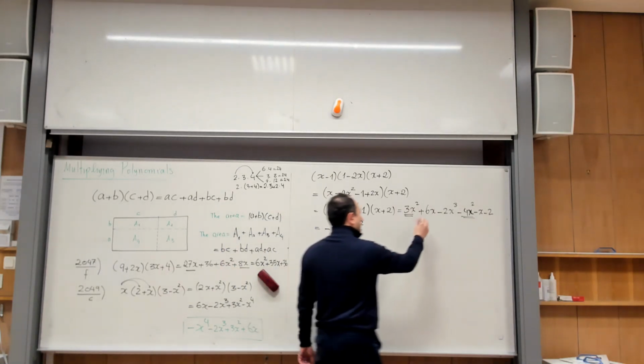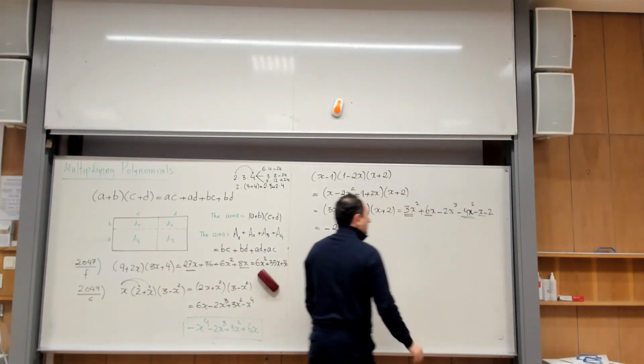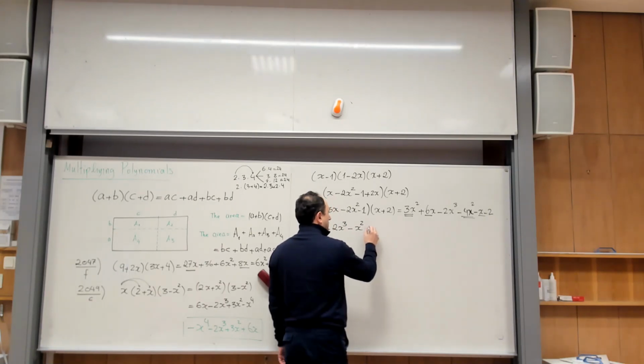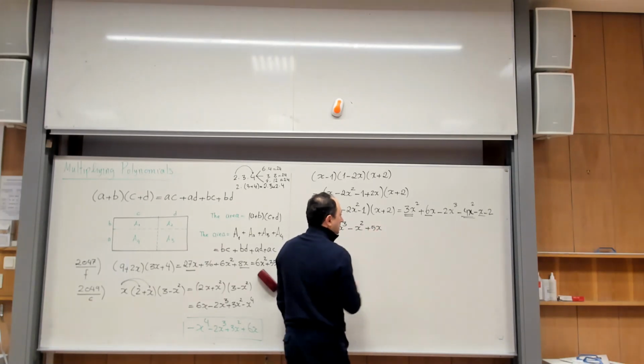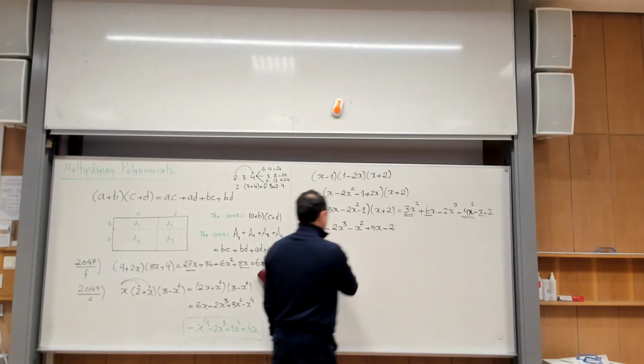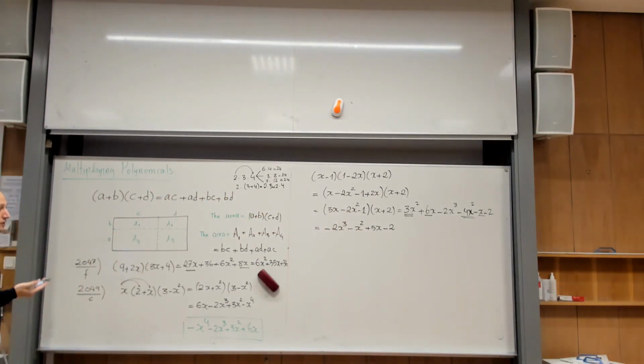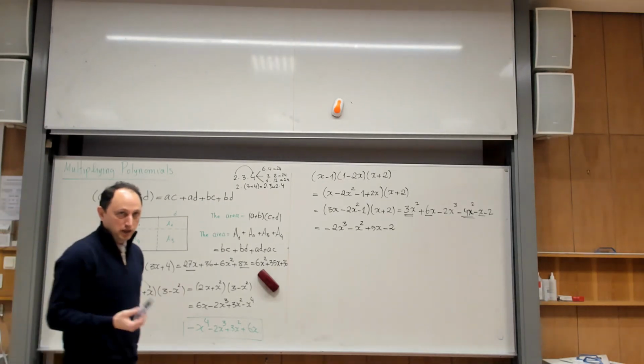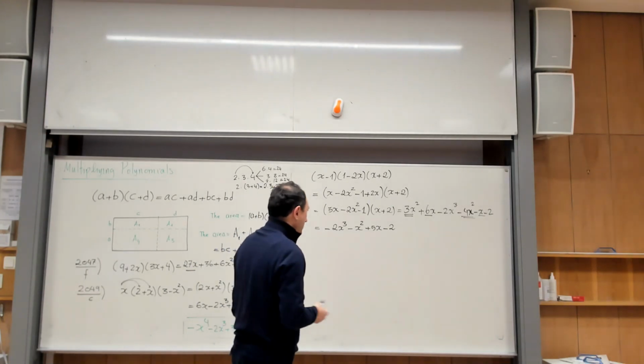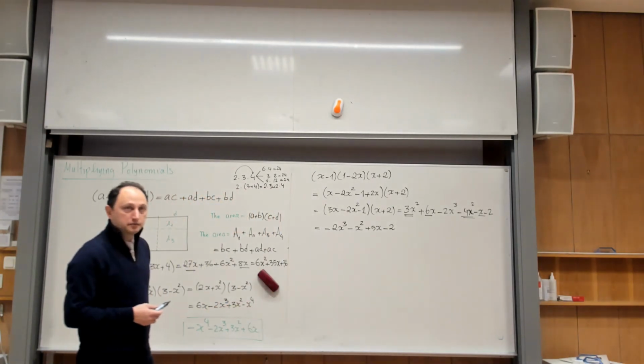And then we have this term and that term, which is 5x. And then finally I have a minus 2 at the end. So that is the most that we can proceed. There is no way to go further unless you give me the number for x. Then I replace x with that number and then do the calculation. Is that clear?